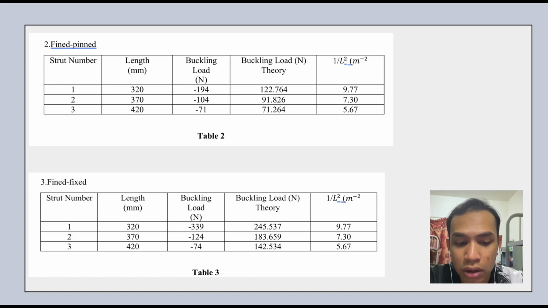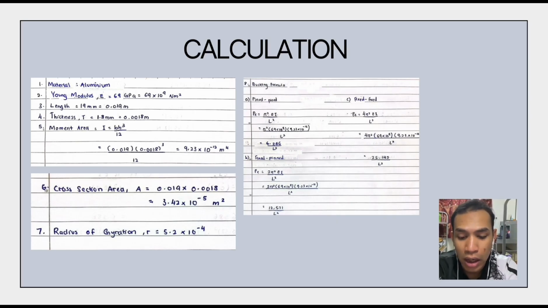Okay, calculation for Young's modulus. In the experiment we use 69 times 10 to the power of 9 Newton per meter squared, and for the moment of area it is 9.23 times 10 to the power of negative 12 meter to the power of 4.